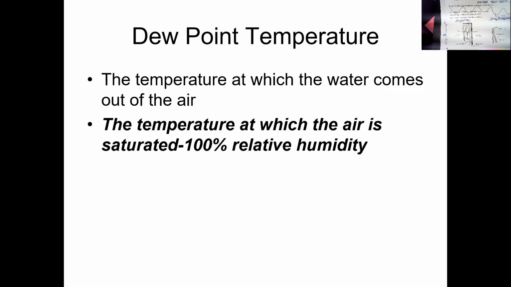It's going to overflow. And that overflow is the dew on the grass, because warm air can hold a lot of water. But if you change the temperature to cold, it can't hold as much. So whatever was in this big warm air doesn't fit in the cold air. So it drops it out, overflows it, and that's the dew on the grass.